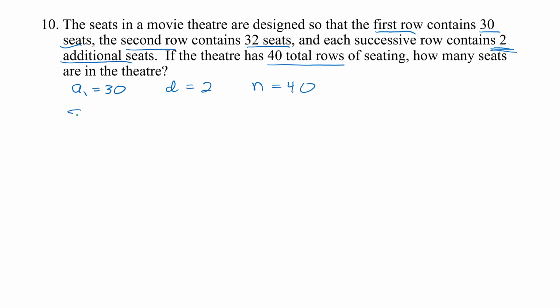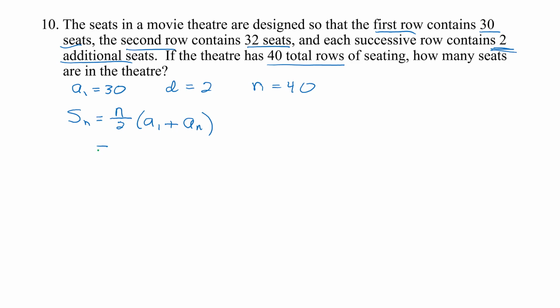So the sum of all our seats, S sub n, this is another formula you should know. The sum of the terms in a finite arithmetic sequence is n over 2 times the first term plus the last term in our sequence. So what do we know here?